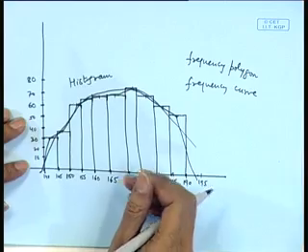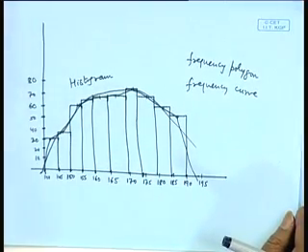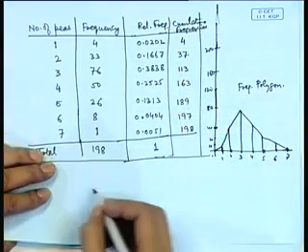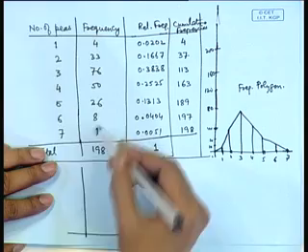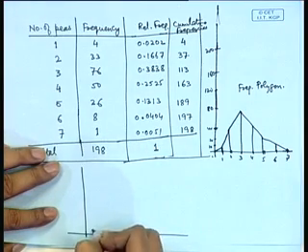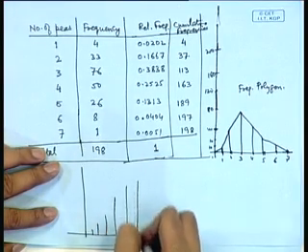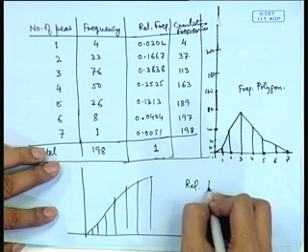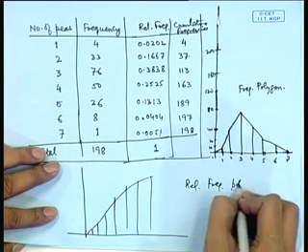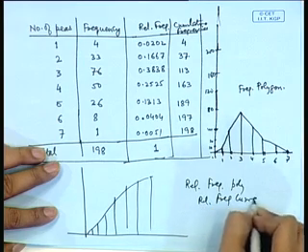We also have a so-called cumulative frequency curve, because once we have made the cumulative frequencies, we may plot the cumulative frequencies here in place of the ordinary frequencies. So, naturally this will be increasing based on the values here, and if we join that, this is known as relative frequency polygon or relative frequency curve, depending upon how we join them.